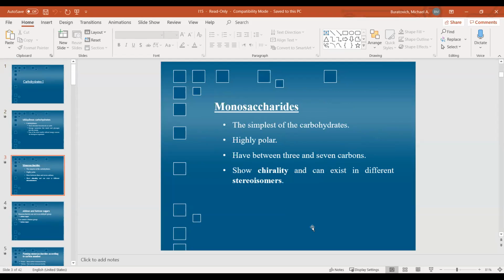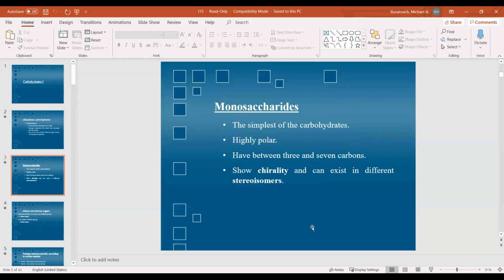Thank you. Okay. Carbs are chiral. They have stereoisomers. This is quite important too, because living organisms use one stereoisomer over the other.